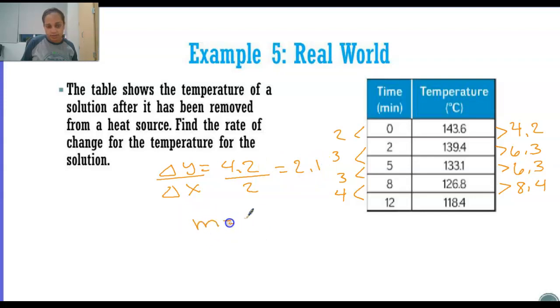So my slope is 2.1, or my rate of change is 2.1. It would be 2.1 degrees Celsius per minute.